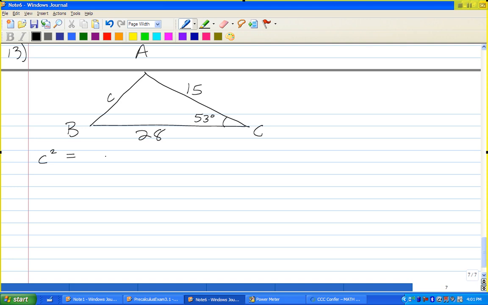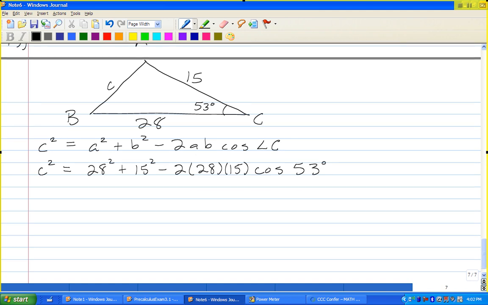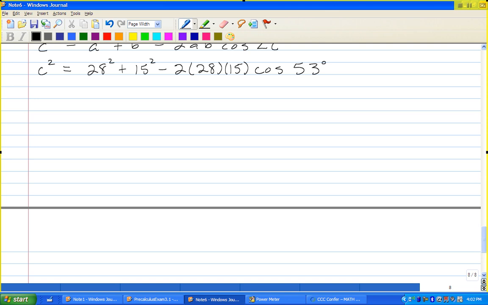So C squared is equal to A squared plus B squared minus 2AB cosine C. Okay, and so I have C squared is equal to 28 squared plus 15 squared minus 2 times 28 times 15 times the cosine of 53 degrees. Okay, and so let me multiply that out.